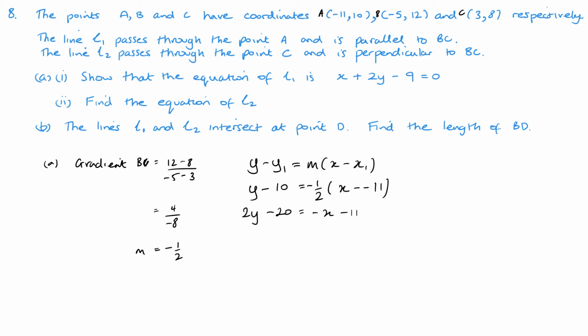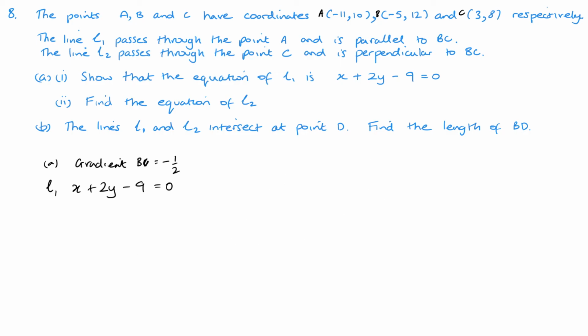They're positive. So taking the minus x to this side and then adding 11, we get x plus 2y minus 9 equals 0, and then that is as required. So that is L1.